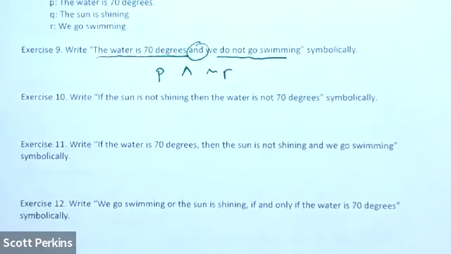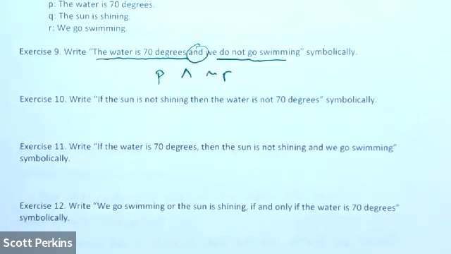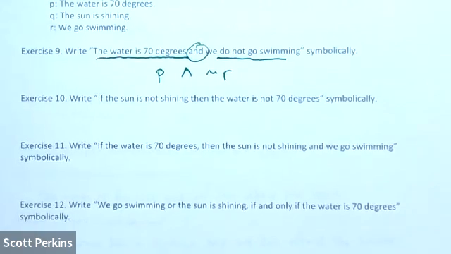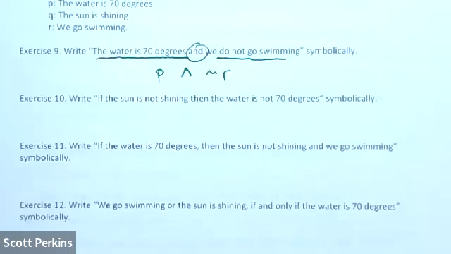If the sun is not shining, then the water is not 70 degrees. Okay, so this one starts with the word "if."